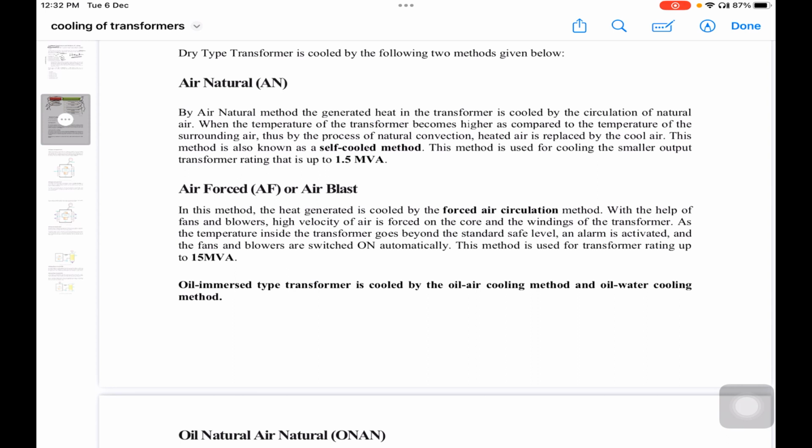You can also activate an alarm and check what is the maximum temperature that can be attained, and whenever the alarm rings indicating that the temperature is more, the air forced method will automatically switch on. This type of method can be used up to 15 MVA.